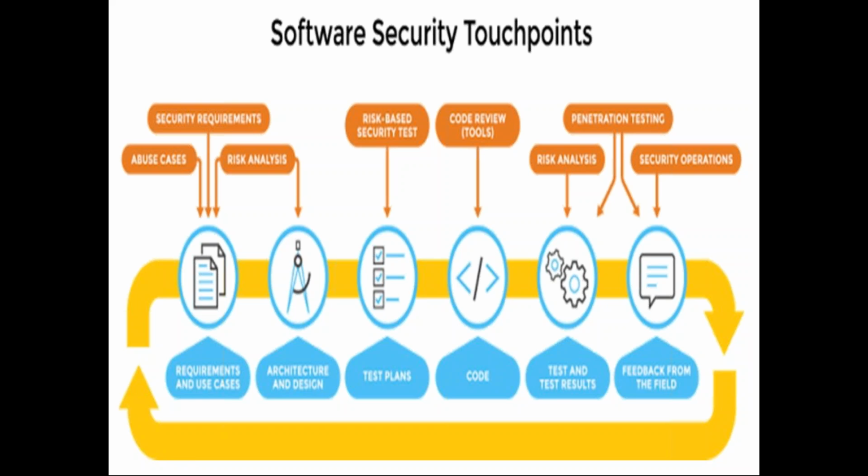Here both functional as well as security testing come into place. So risk analysis should also be done at the testing and test results stage, for example the dashboard that is created, where you say that this testing has been completed. So security testing is done at this stage also.